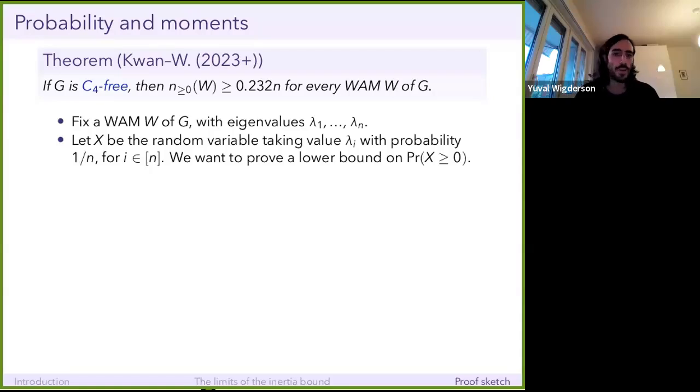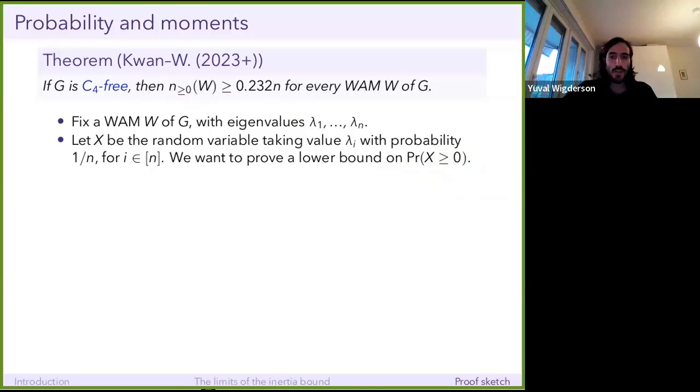In the random matrix theory literature, they call this the empirical spectral distribution. It takes each of the n possible values with probability 1 over n. We want to prove that the number of non-negative eigenvalues is at least something, which is the same as proving a lower bound on the probability that this random variable is non-negative.